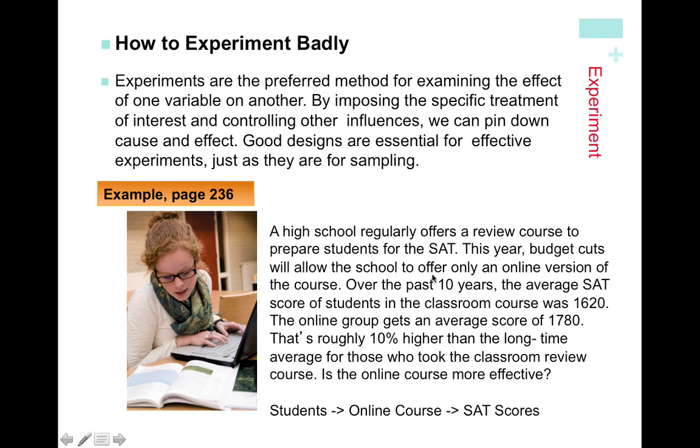The treatment is taking the online course. The response is their score in the end. The treatment, the online course, is usually the same thing as the explanatory variable. And the factor is also the same thing in this case, and in this case there's just the one level.